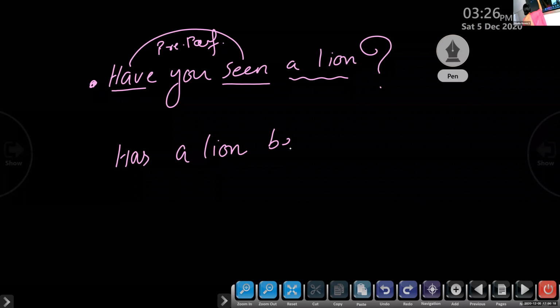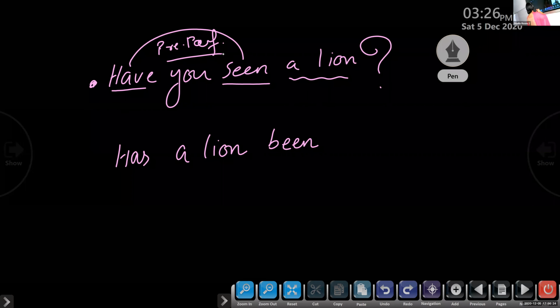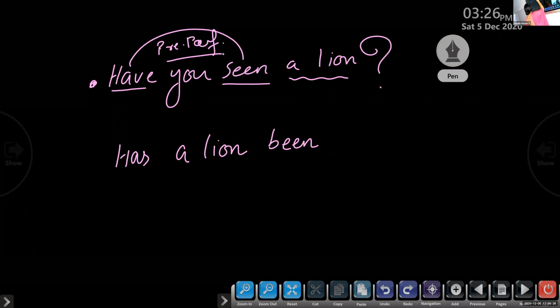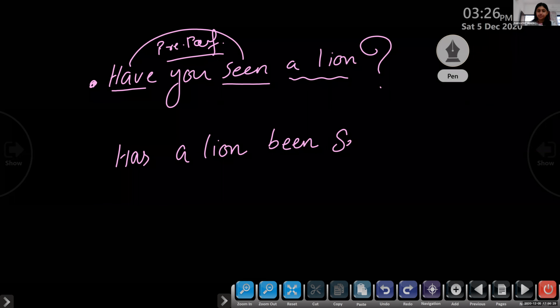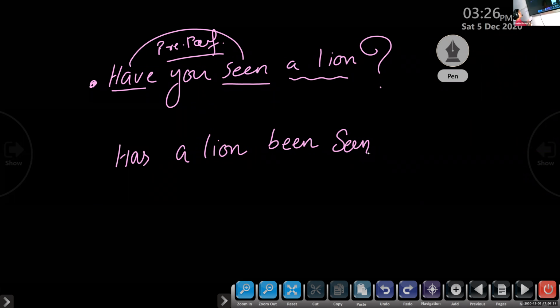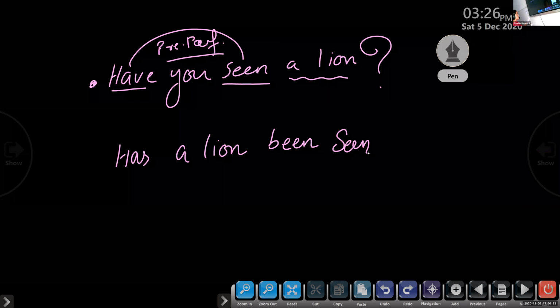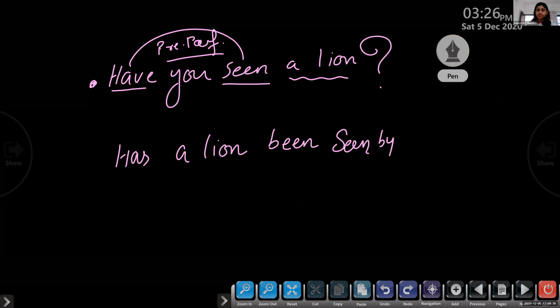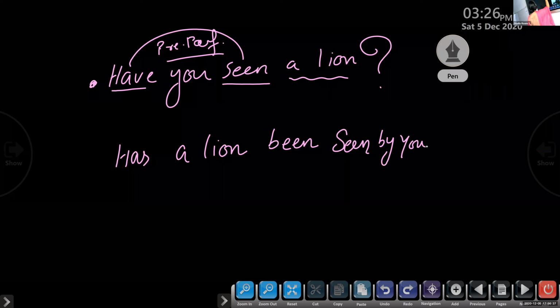Been, because it is the passive form of present perfect tense, right? So I should use been plus the past participle form of the verb see, that is seen. Okay, so: Has a lion been seen by you? And I should end my sentence with a question mark.